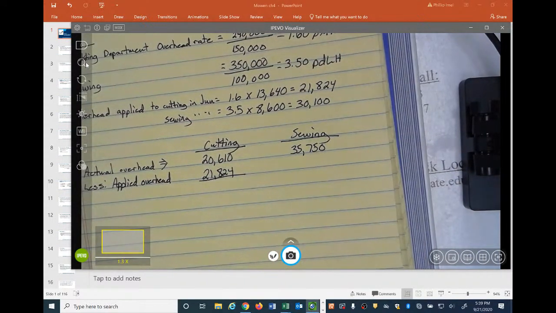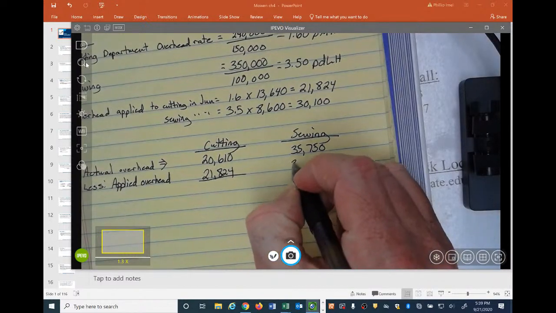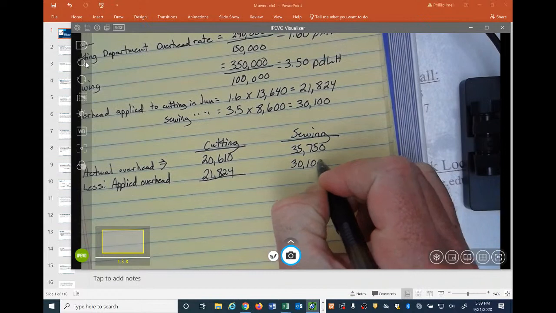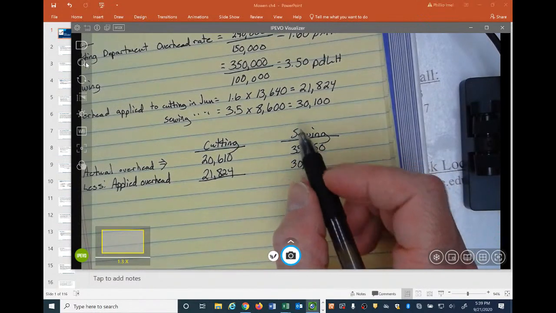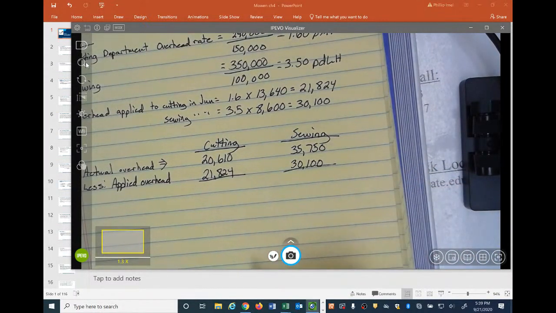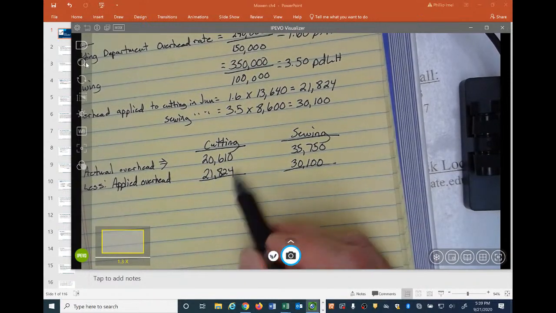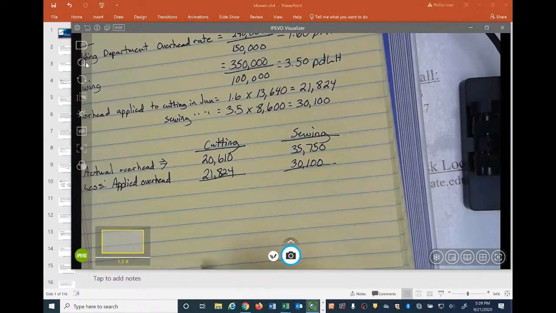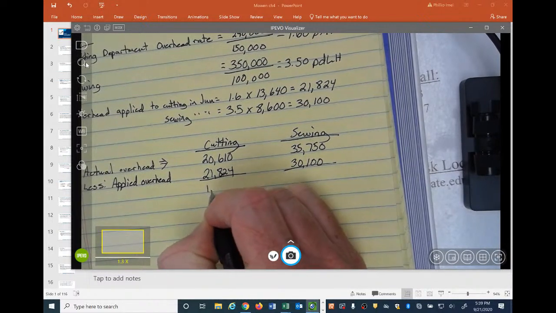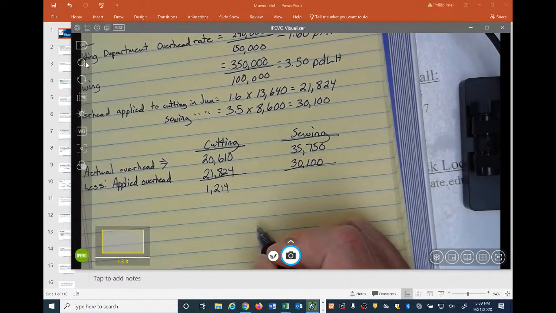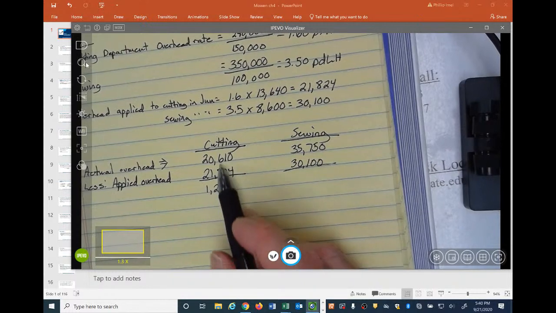What was the applied overhead for the sewing department? 30,100 from step 2, right? Okay, so now all we have to do is just determine the difference between these. So this one's 1,214. And now is this over applied or under applied right here?